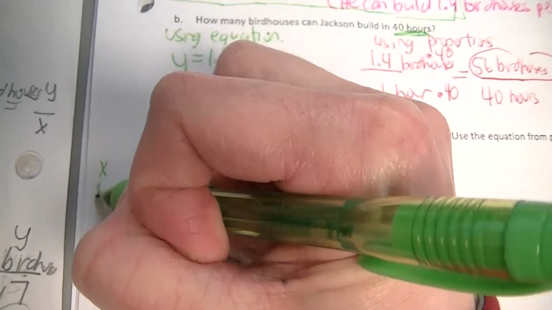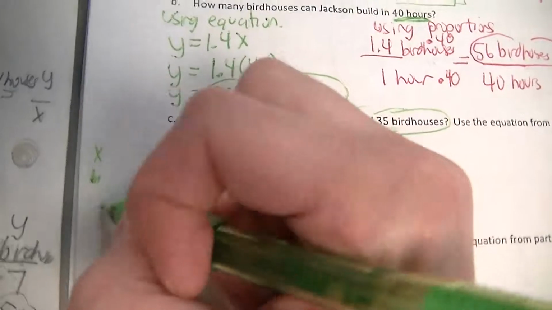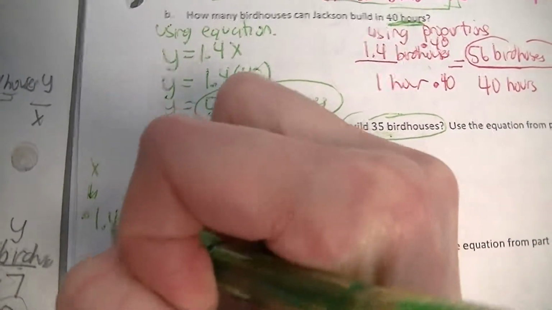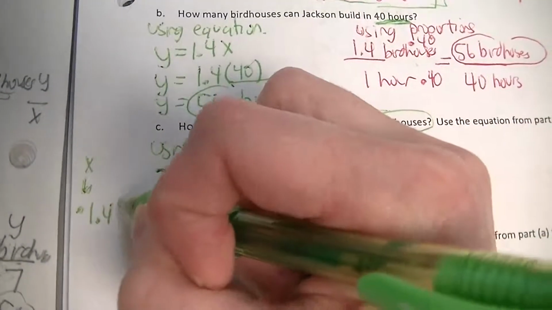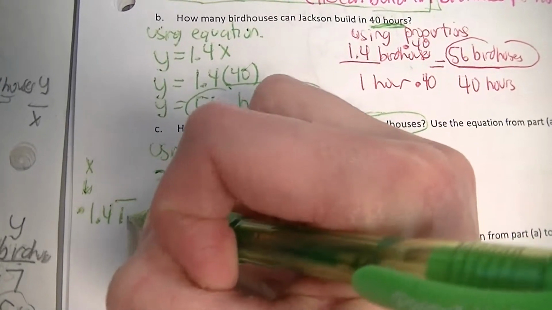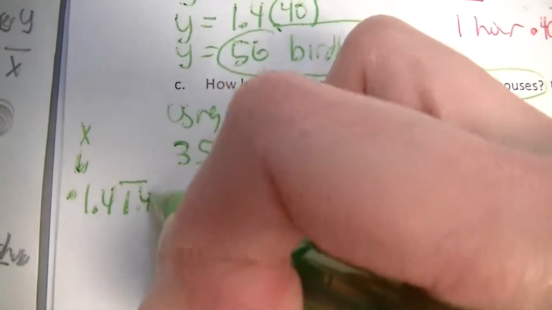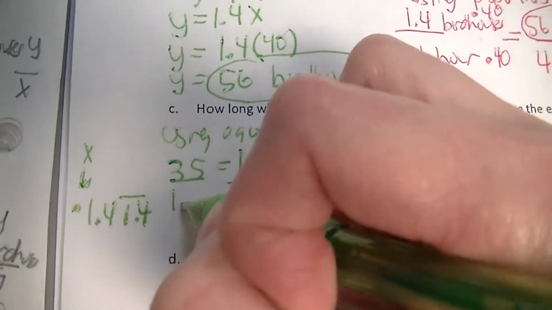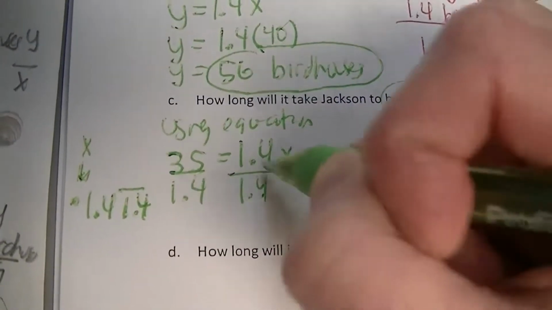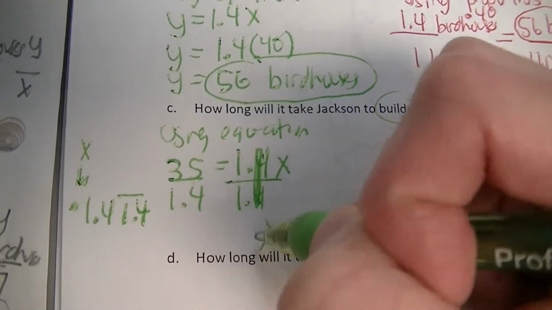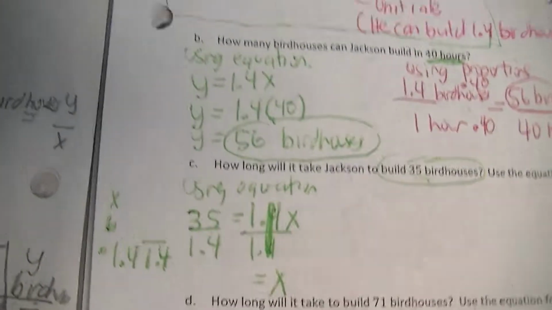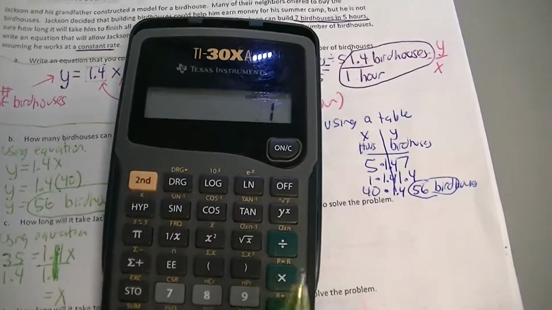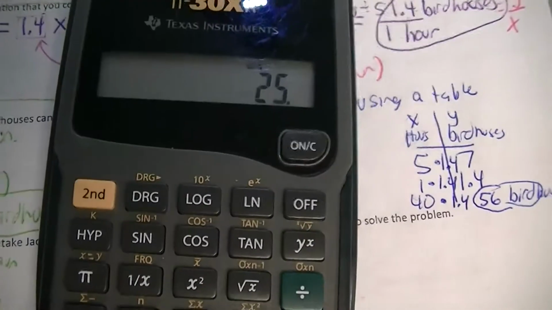So let's go ahead and solve for x. So we start with x, and we multiplied it by 1 4/10. So the inverse operation of multiplying by 1 4/10 is to divide by 1 4/10. You're going to divide by 1 4/10 on both sides of that equal sign. 1 4/10 divided by 1 4/10 is 1. 1 times x is x. 35 divided by 1 4/10 is 25.